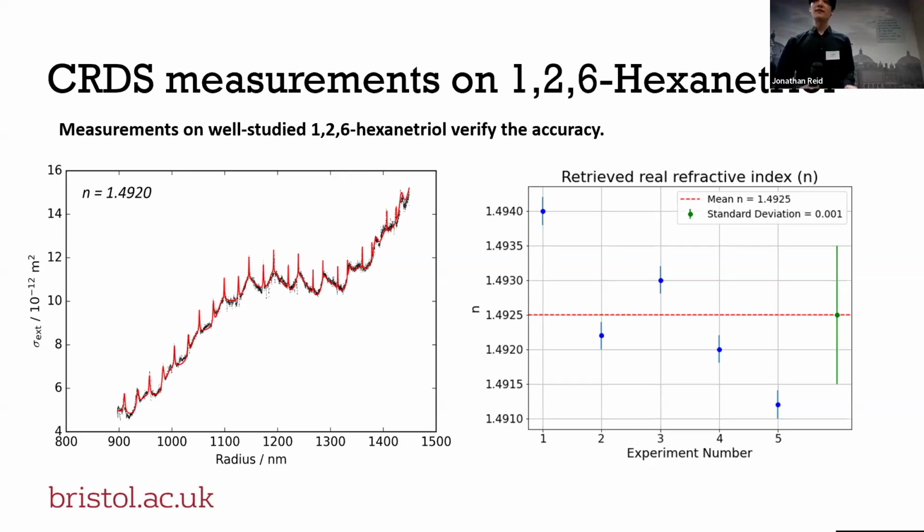And the complex refractive index is also retrieved from this fit. The right panel shows replicates for 5 separate droplet measurements, and they have an average n value of 1.4925. As the hexanediol doesn't absorb light at 405 nanometers, only the n value is given here.